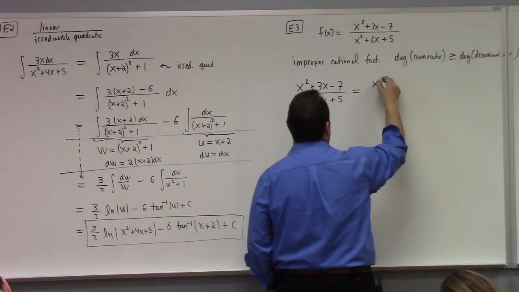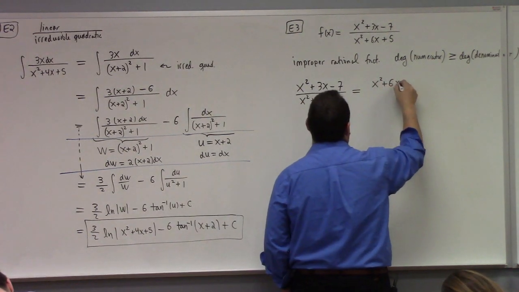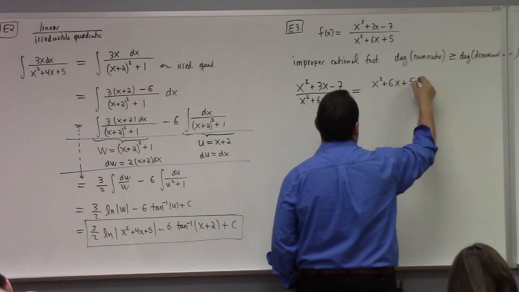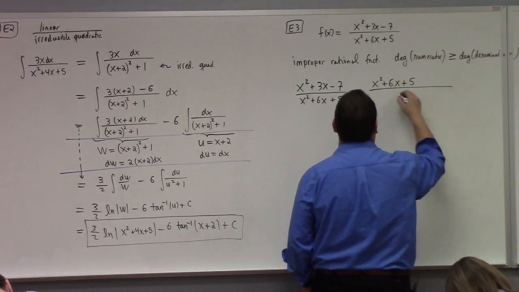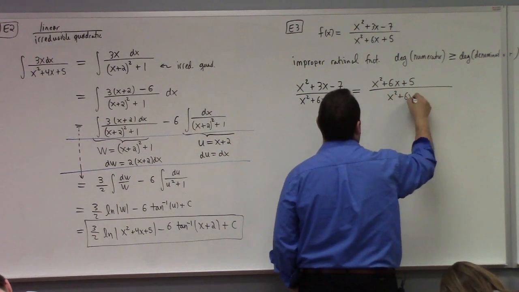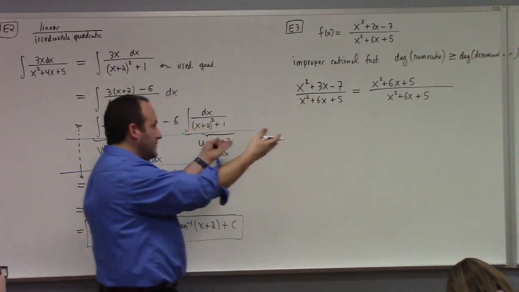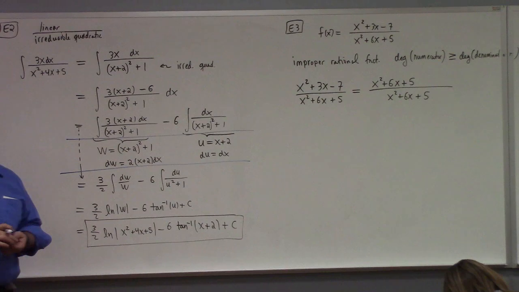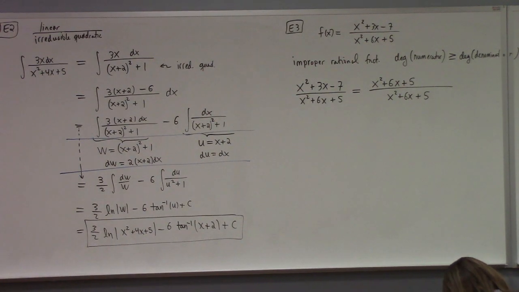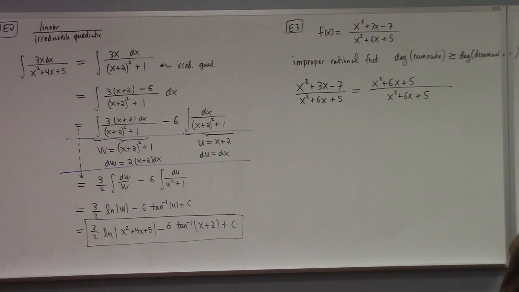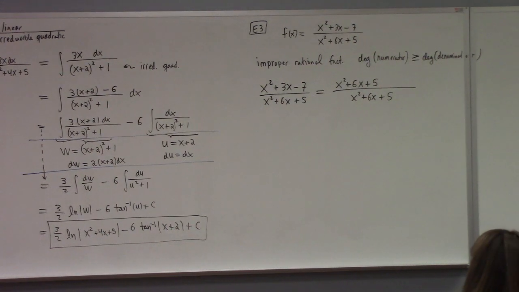So just imagine that you have x squared plus 6x plus 5 upstairs. Now that's not true, right? But to be fair, how can you make it true? What do we have to add? What correction do I need to make this so?